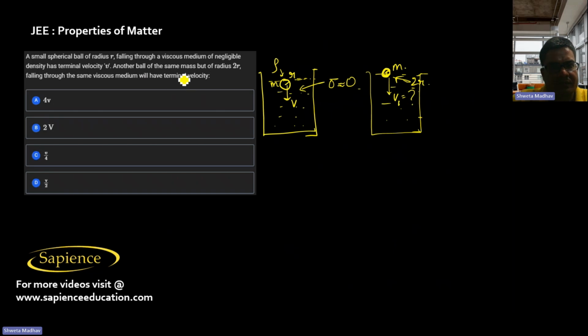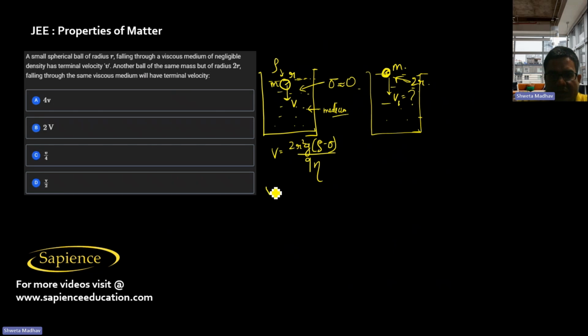So now here we can say the terminal velocity v, as we know, is 2r square g into rho minus sigma by 9 eta, where eta is the coefficient of viscosity of the medium through which it falls.